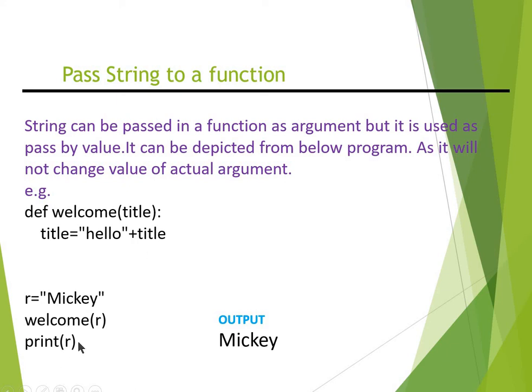Then print r, what will be printed? Only Mickey will be printed, because here only title is changed, and there is no return value and no print statement in the def function. So the output will be Mickey. So any string passed in a function as an argument is used as pass by value.